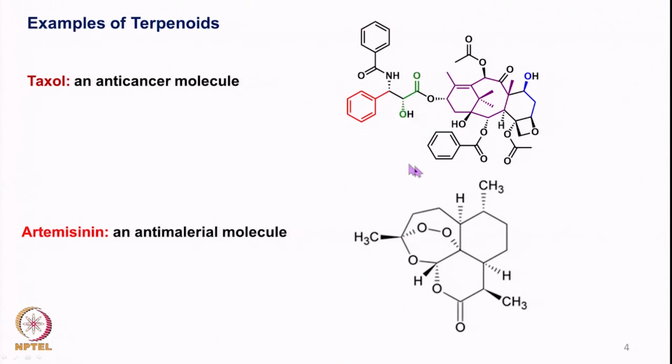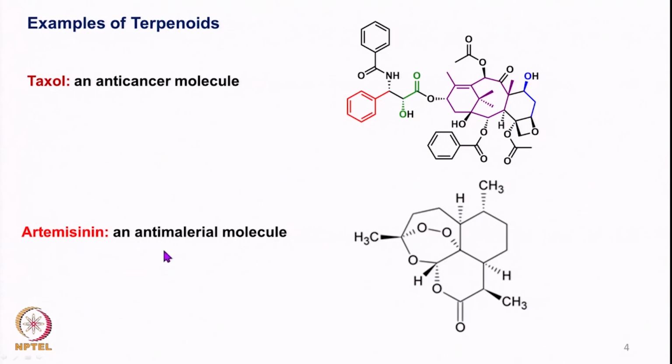That means the synthesis of this entire molecule is quite complicated, not only complicated but it needs to be made in optically pure form. But since it is a very important anti-cancer molecule, a lot of work has been done, a lot of syntheses have been reported, some total synthesis and some partial or semi-synthesis.